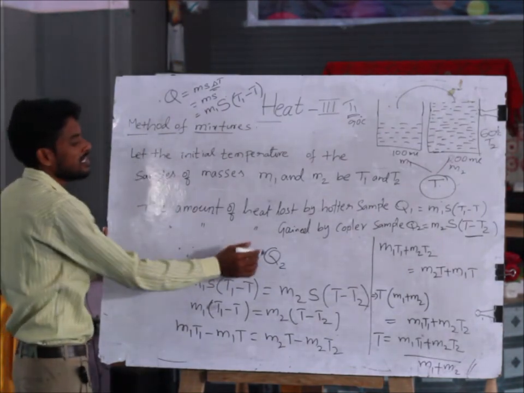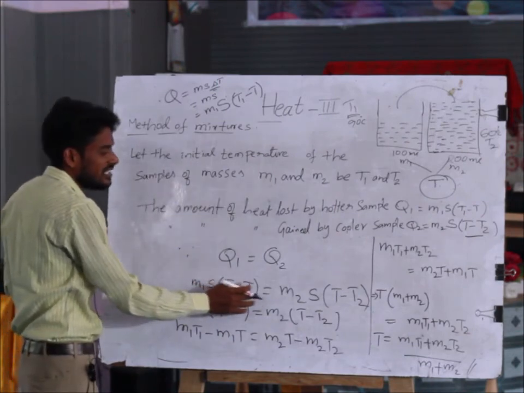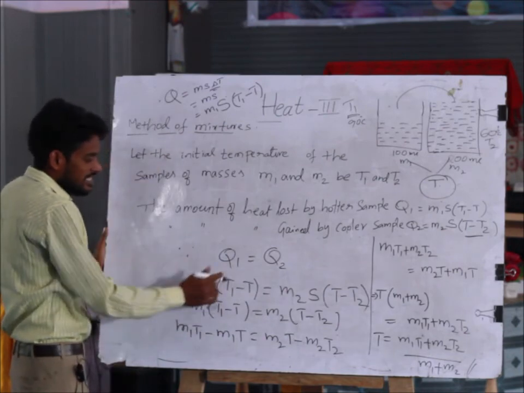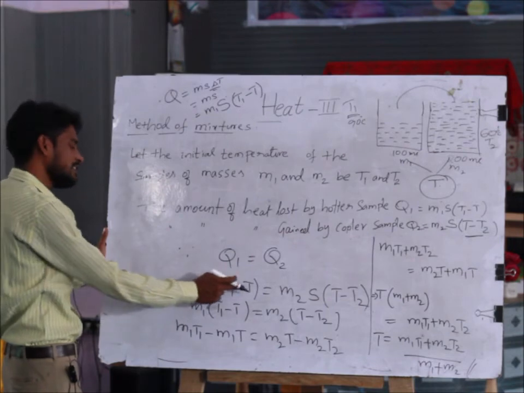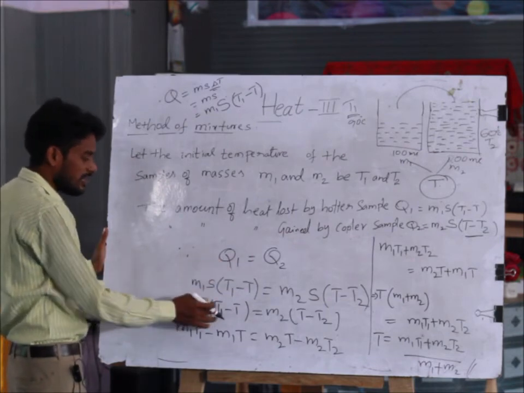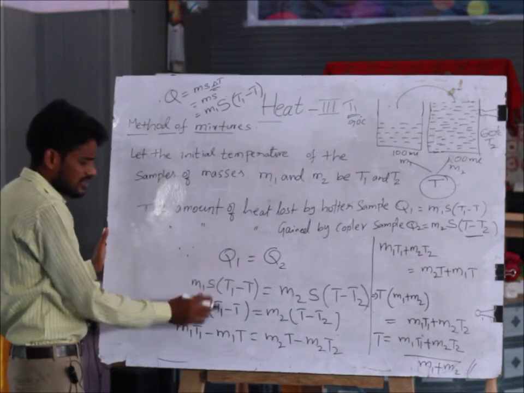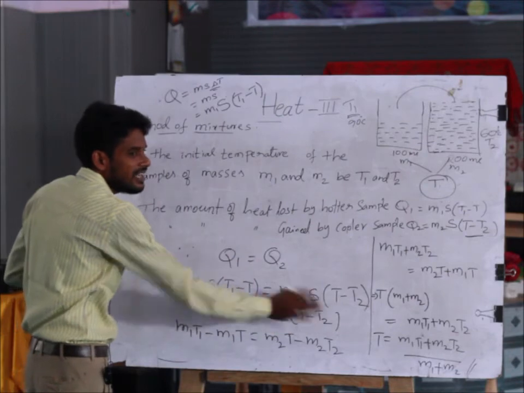Since Q1 equals Q2, M1 S (T1 minus T) equals M2 S (T minus T2). The specific heat of water S is always 1, so M1 (T1 minus T) equals M2 (T minus T2).